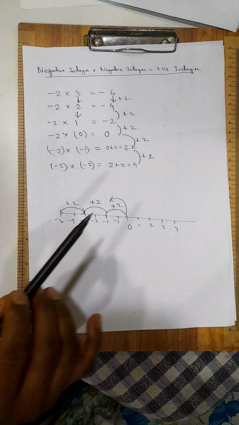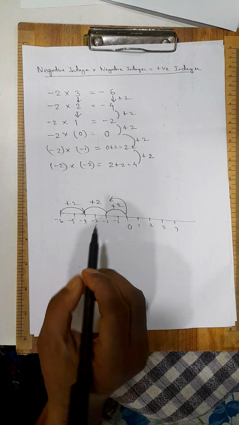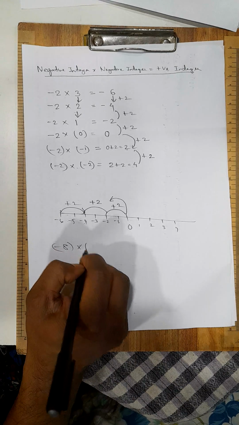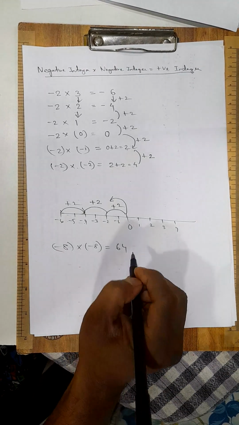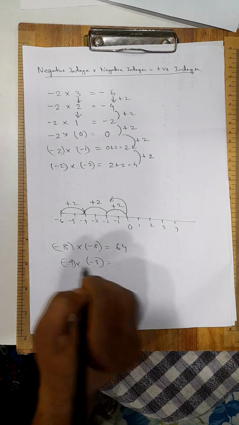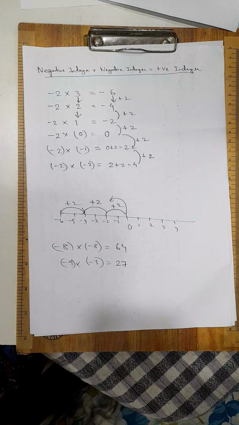So we come to the conclusion: the product of two negative integers is positive. Let's say for example, -8 multiplied by -8, the product of two negative integers is 64. -9 multiplied by -3, the product of two negative integers is positive. Right?